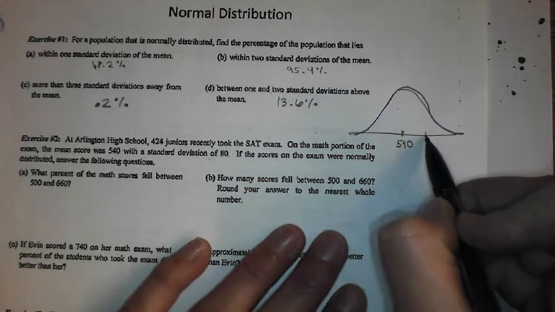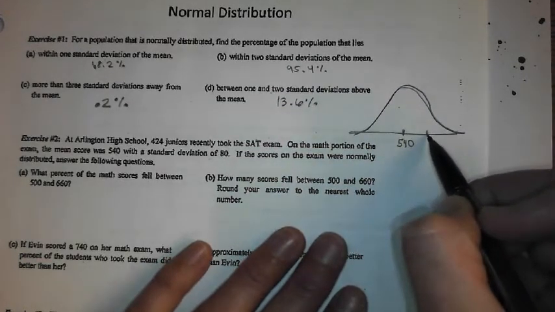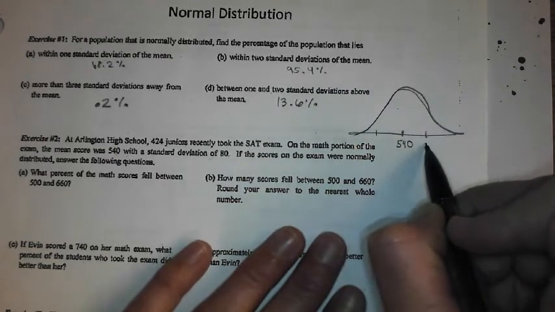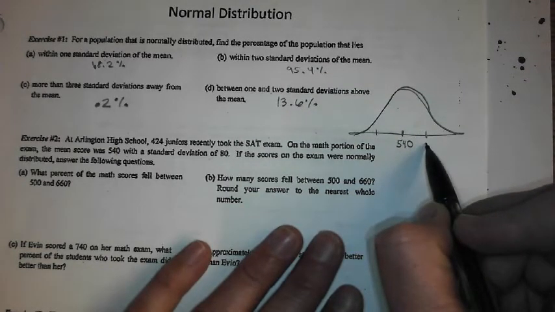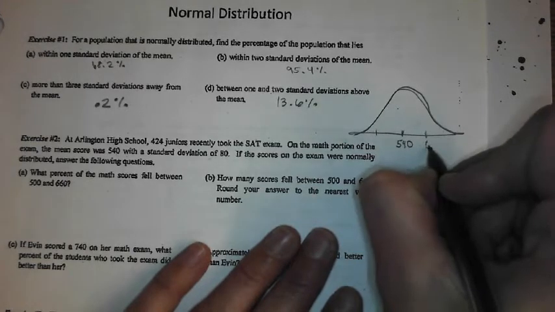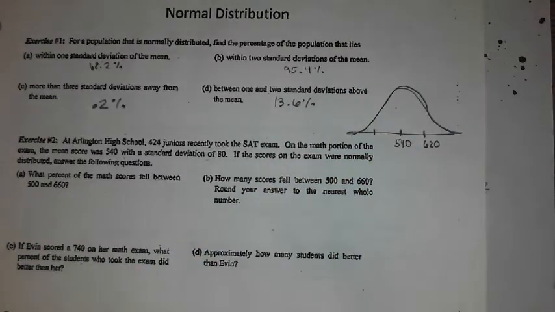And assuming I'm just going to label one standard deviation, not a half, what number would go here? You may need to use your calculator if you can't do mental math here. 620, good, Nate. He went one standard deviation above, so he added 80 onto that.